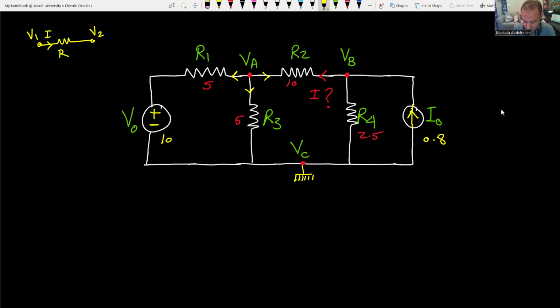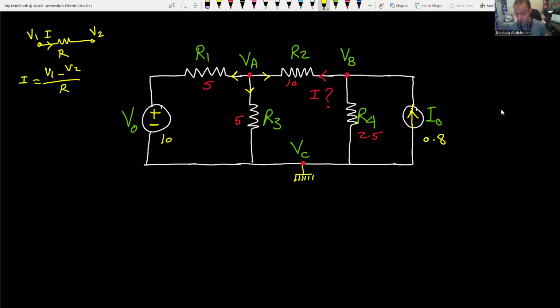The current I will be the voltage of the node the current is going from, V1, minus the voltage of the node it is going to, V2, divided by the resistance. That's what I'm going to do right now.